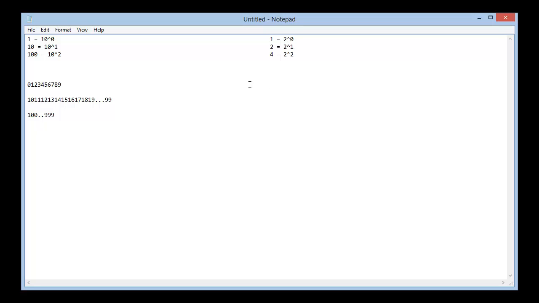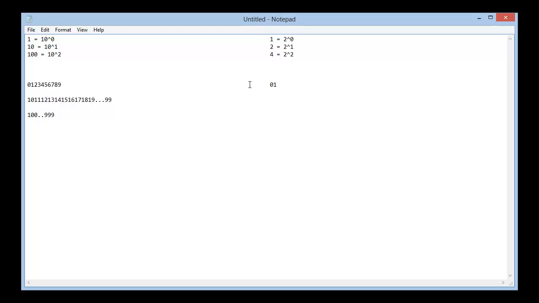The 1's place in binary can only have 0 and 1. The 2's place in binary, the only numbers that can appear there are 0 and 1. It's 0 and 1 the whole way. Those are the only two numbers you're allowed to use.